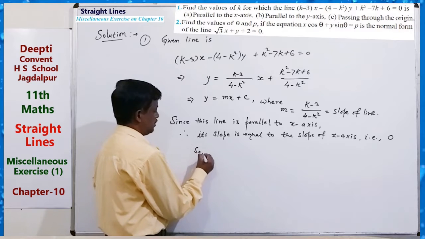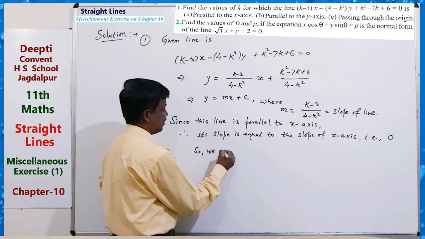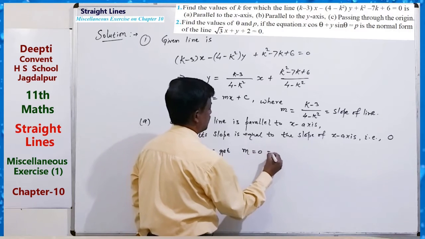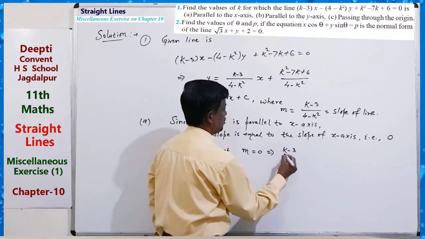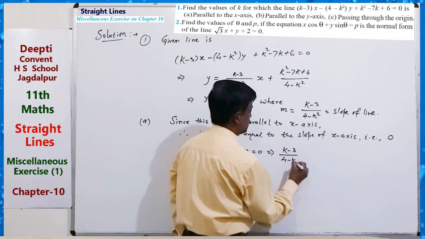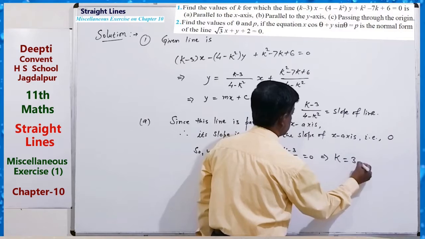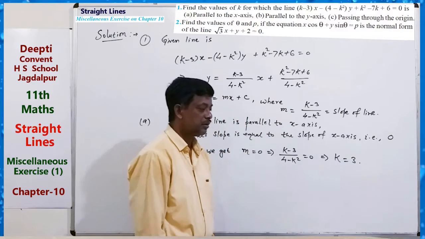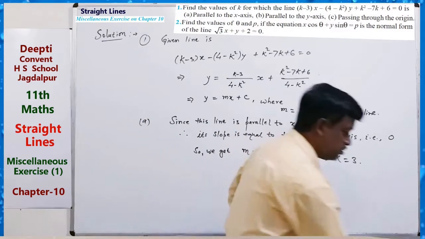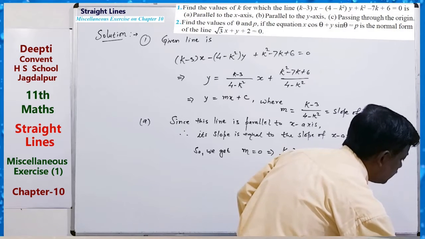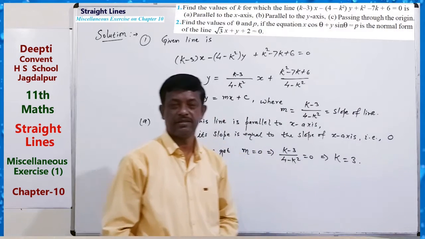So we get m equals 0, which implies k minus 3 upon 4 minus k square equals 0, which implies k equals 3. So the value of k equals 3. Clear?